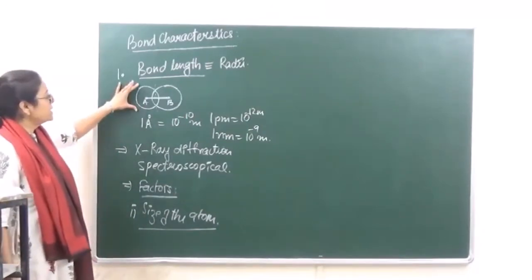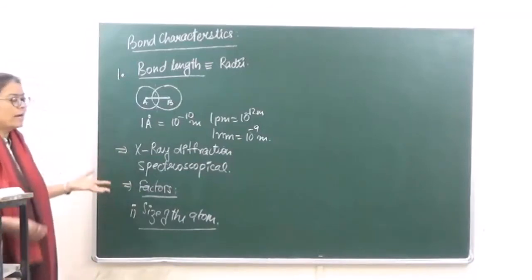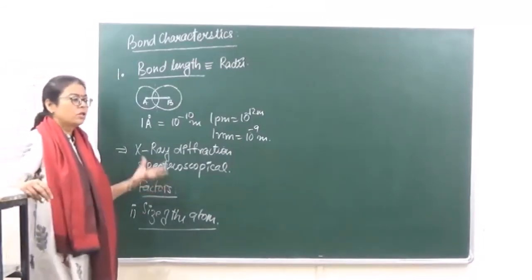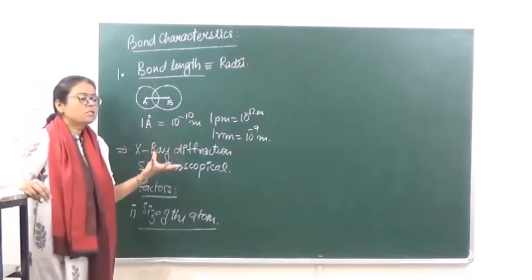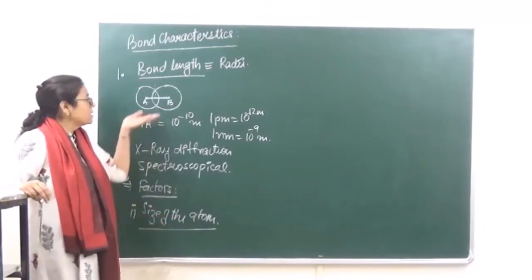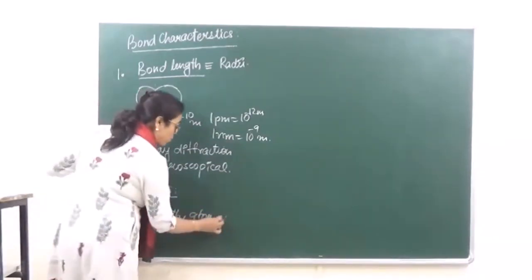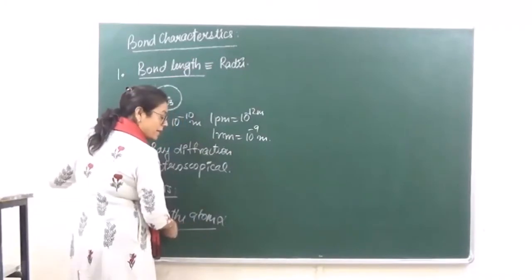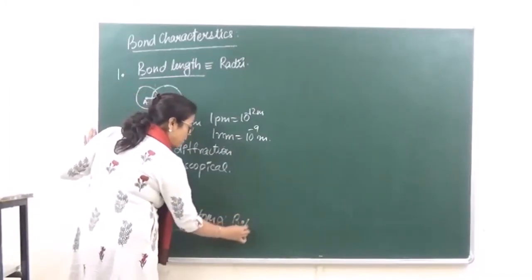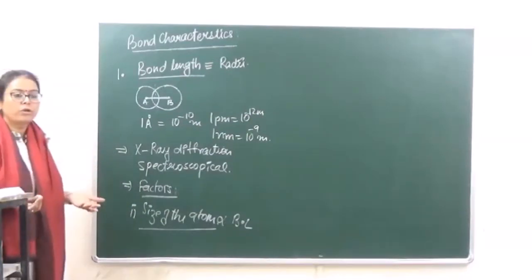Because हम लोग क्या बोलते हैं कि जो एटम है that is spherical in nature. So if the size of the sphere is going to increase, so in that case the bond length will also increase. So we can say that size of the atom is directly proportional to bond length. Larger the size, larger is going to be the bond length.